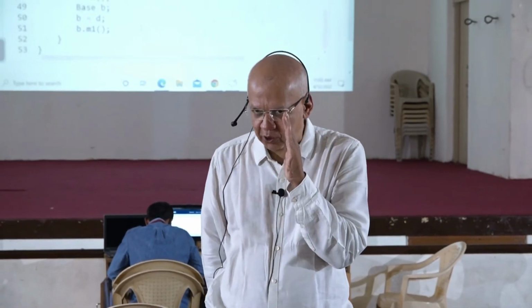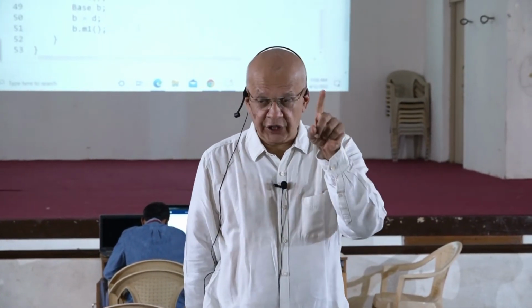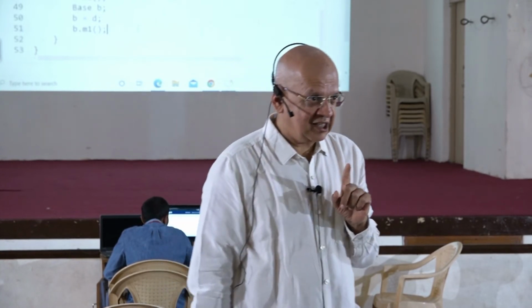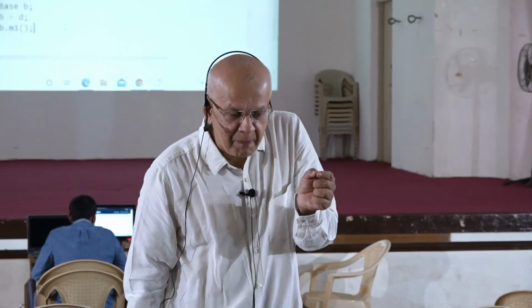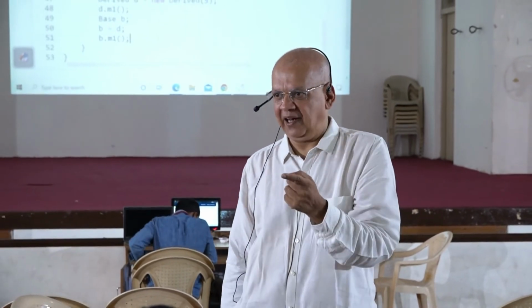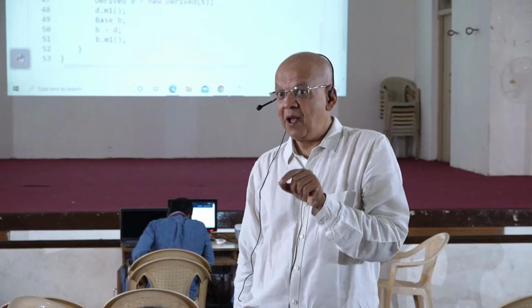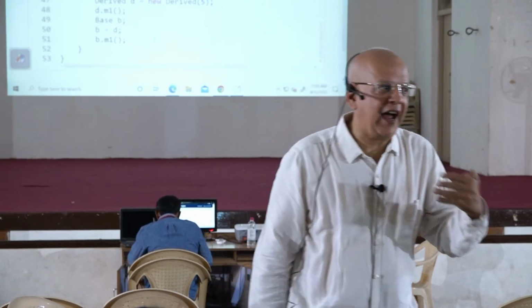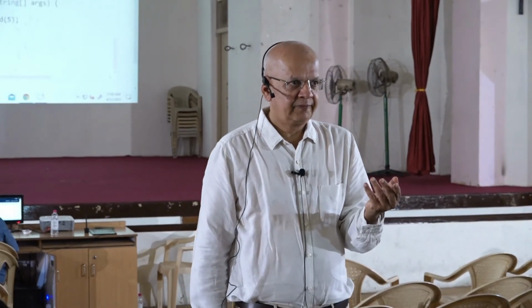By default. What is early binding or compile time binding? Now, please understand this. I am now talking about C++. In C++, which method to call is decided by the compiler at compile time based on what kind of animal the compiler sees B as. I am repeating. Listen carefully.